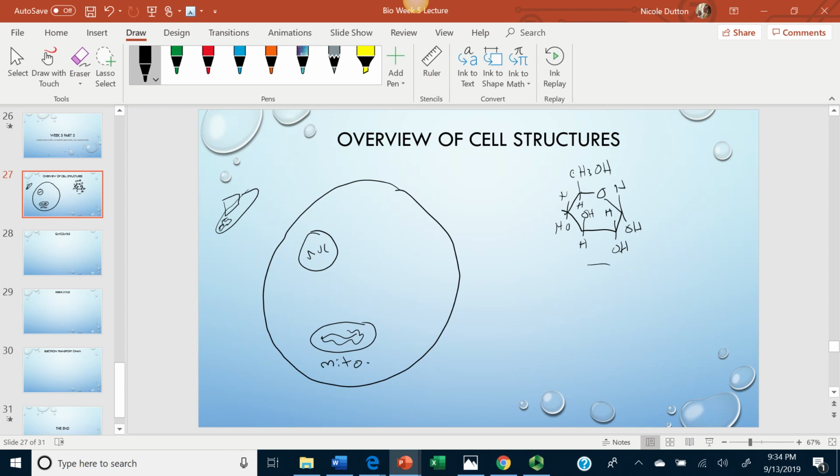So the first thing that has to happen is this glucose has to get into the cell. So there's glucose transporters that help pump glucose into the cell. Now once glucose is in the cell, we're going to start the process of glycolysis in the cytoplasm. And glycolysis is going to produce 2 molecules of pyruvate.